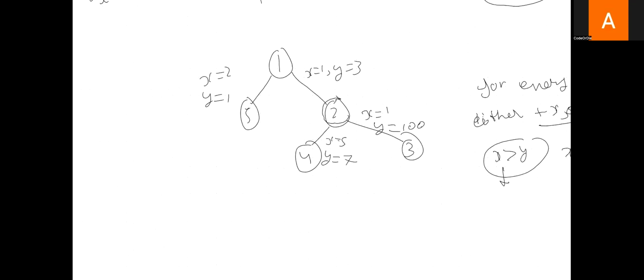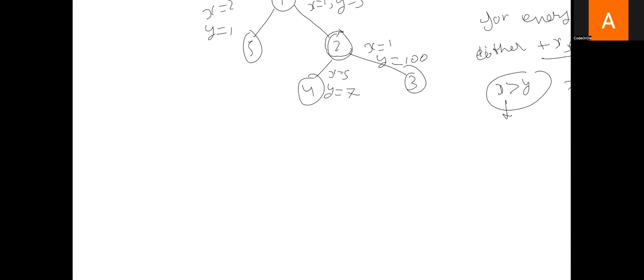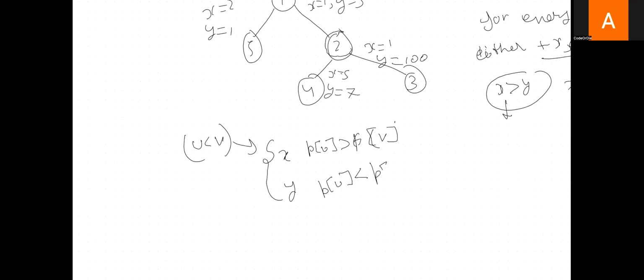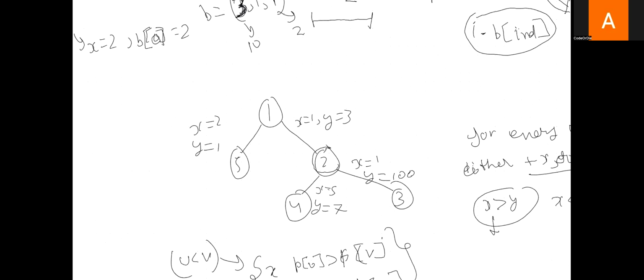So what was the case? You have u less than v. Now, if p_u is greater than p_v, then the contribution will be x, else y. It means if p_u is less than p_v, then our contribution will be y. So just tell me one thing: 1 is less than 2, and x is equal to 1, y is equal to 3.